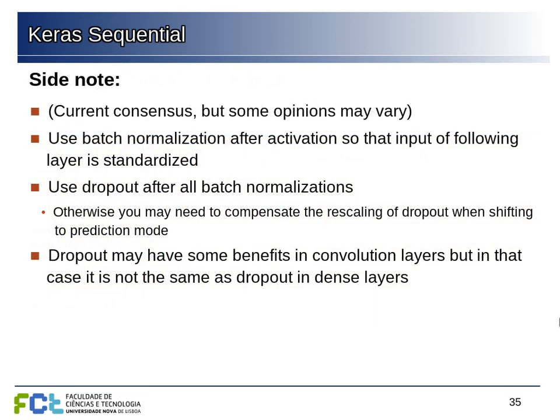Dropout should be done after all batch normalizations, because this is a bit tricky. Dropout is turning on and off neurons, and batch normalization is keeping a running average and the standard deviation of the inputs. So if you put dropout before batch normalization, you are making things messy for the batch normalization, and it may not work very well.